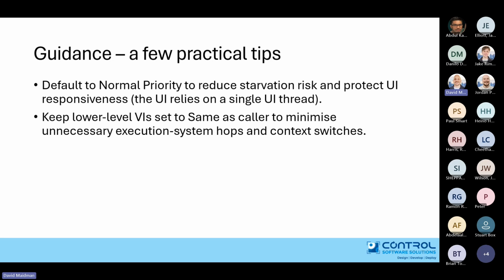Someone mentioned inlining, which is a good thing to do where possible. Sometimes we can't inline a VI, but if we can, you get the performance improvement of a subroutine because you don't have to call the sub VI, and you get the benefit that it's not going to block the thread while it's executing.